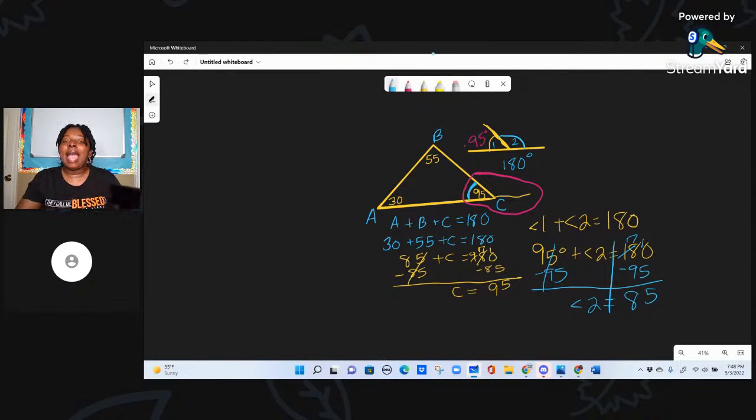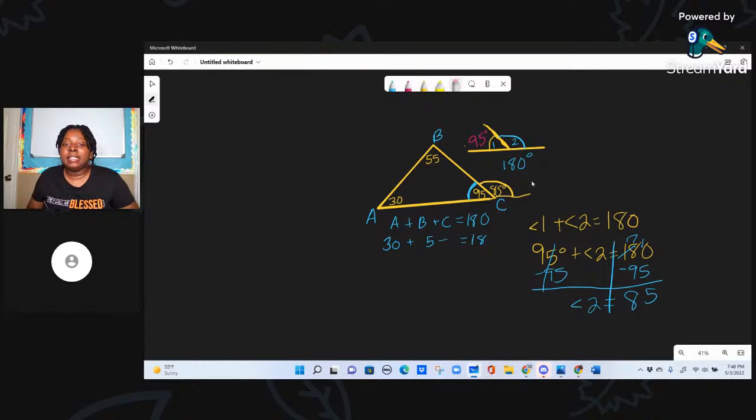What else could I add together? So I got 85 degrees, right? So if they said, what is the exterior angle for this triangle, we would say 85 degrees. Of these 3 angles, what could I add together that would give me 85 degrees?